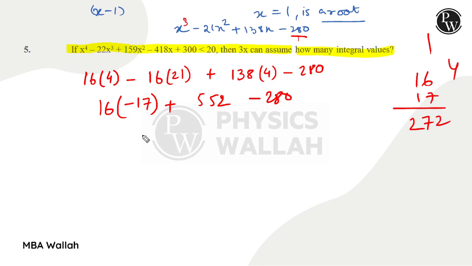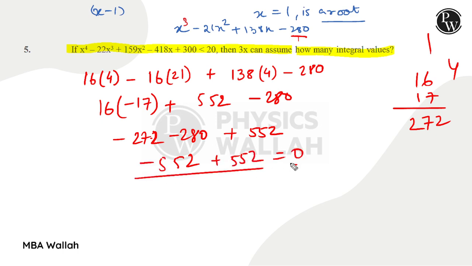So minus 272 minus 280 plus 552 equals 0, right?